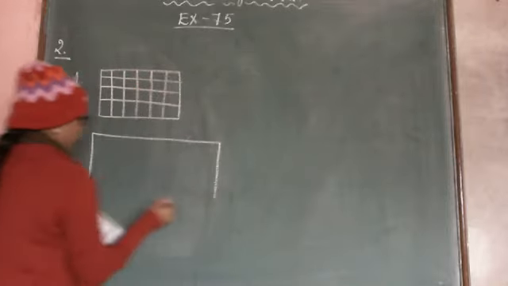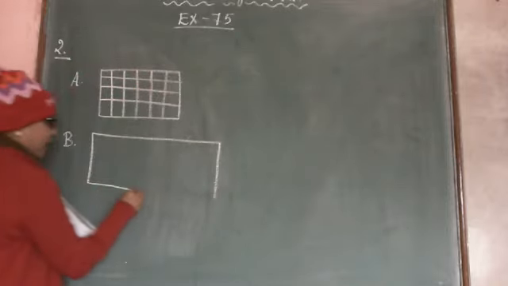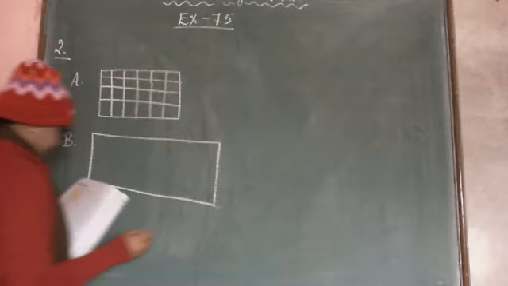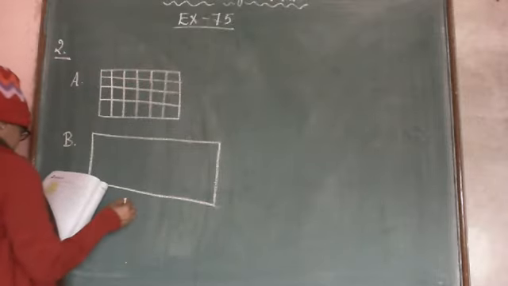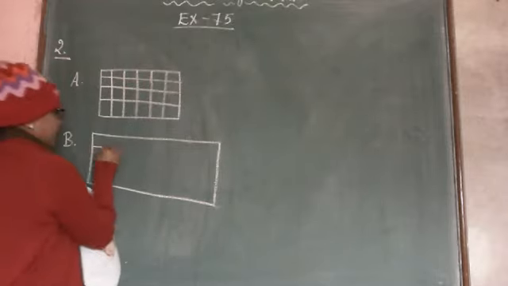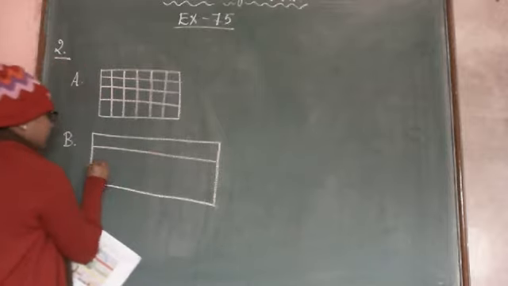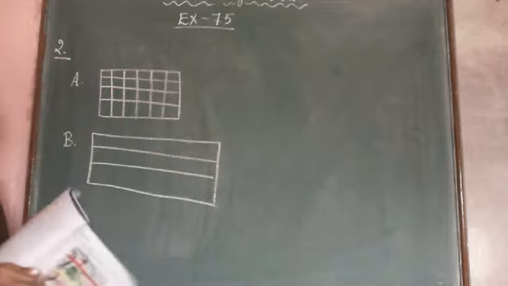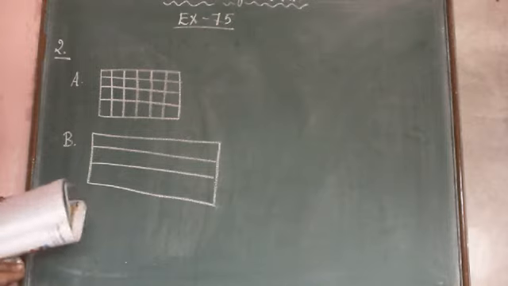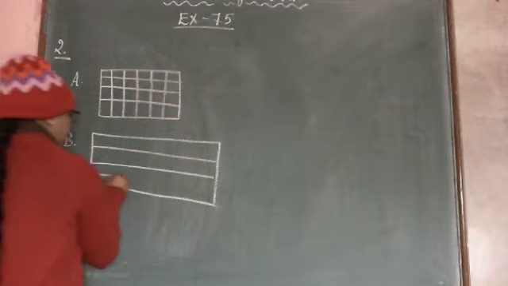These kinds of questions are a little bit tricky but very simple. When you draw in the copy, you will be able to find out the single tile.